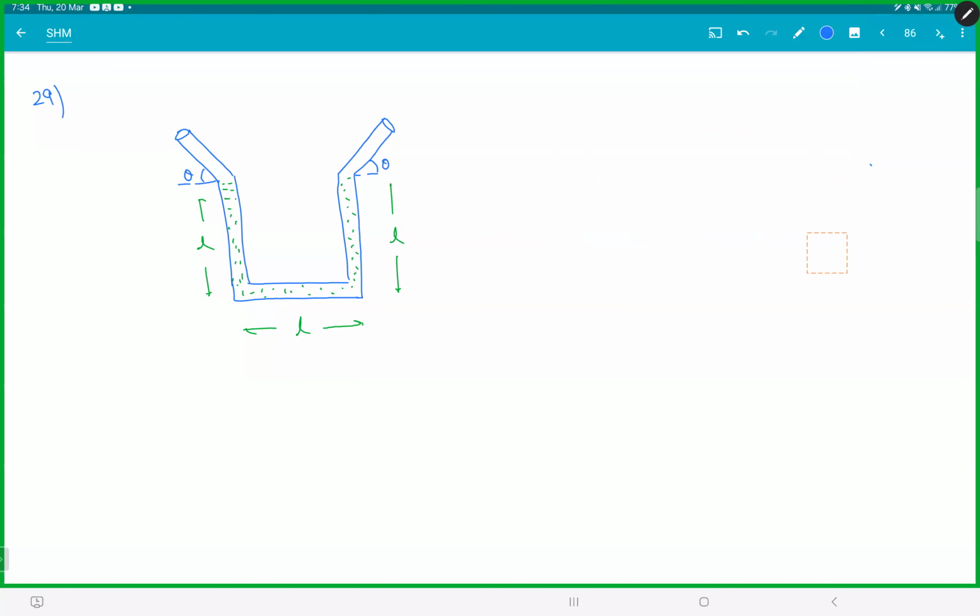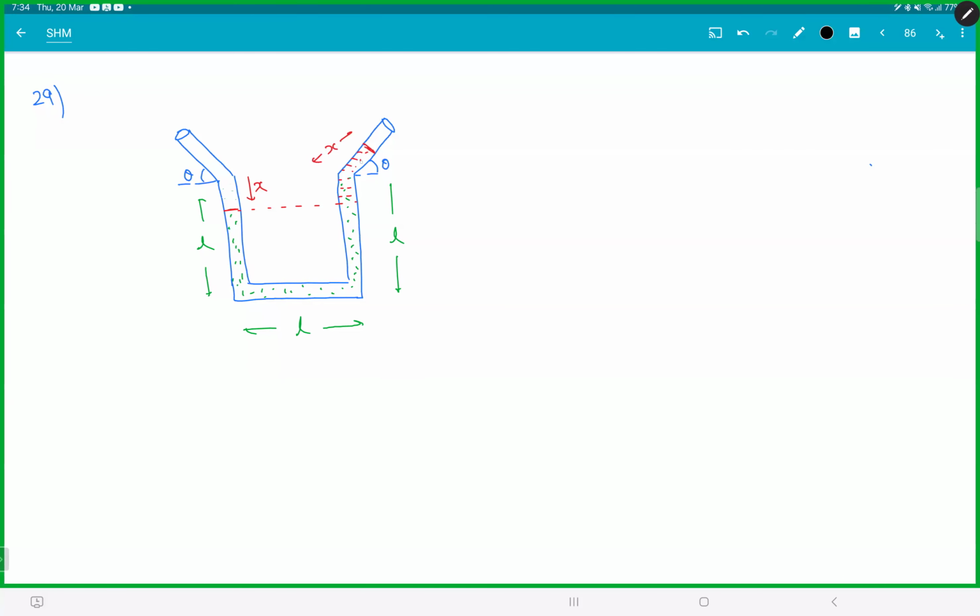If you push one side by x, what do you think will happen? Let's say you push this side by x. So this is the new liquid level. But because you pushed this side by x, the liquid will also rise here by x, like this. Agreed? So what is the restoring force here?